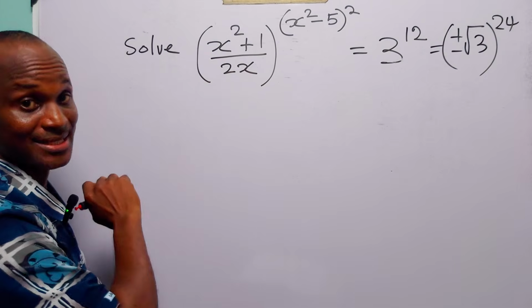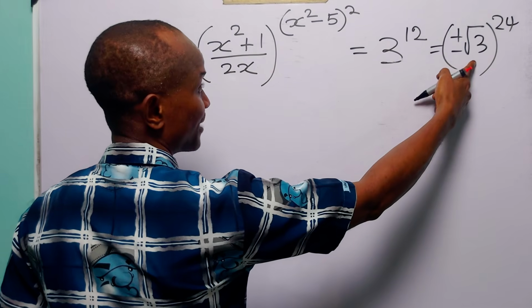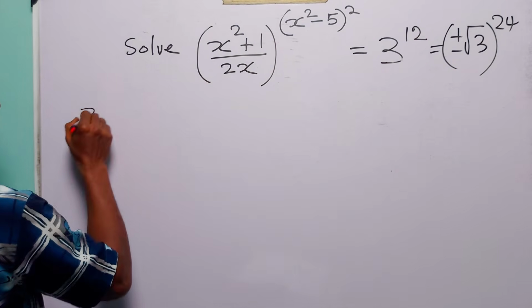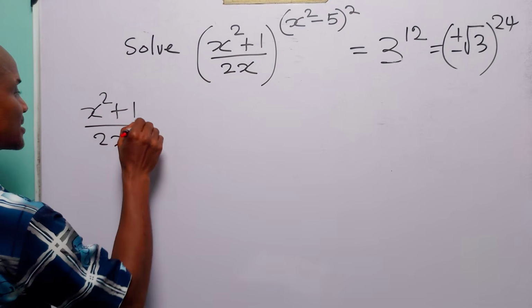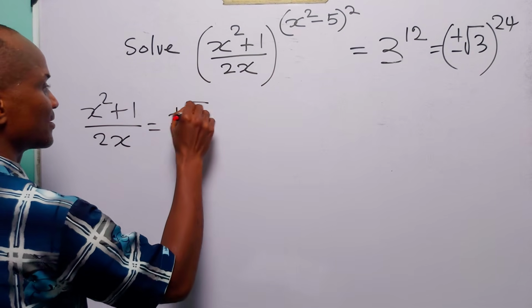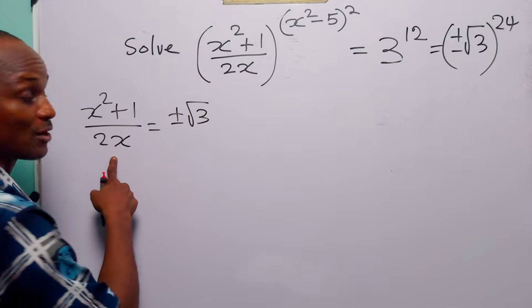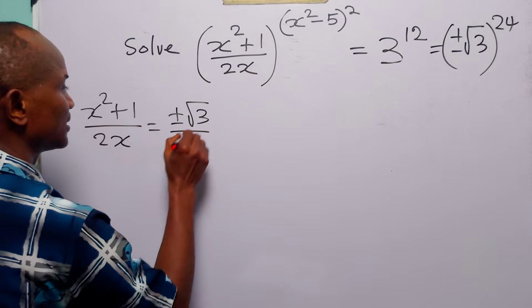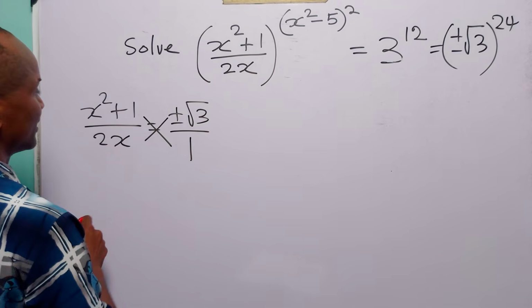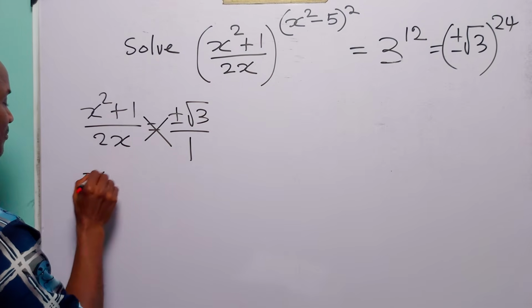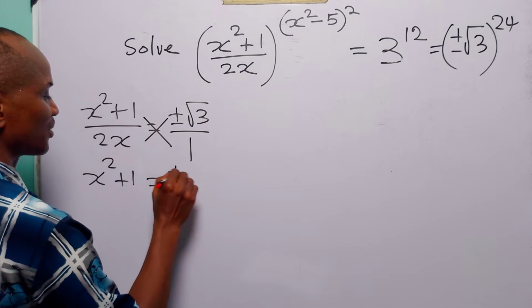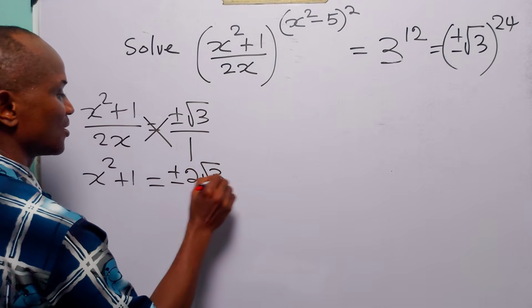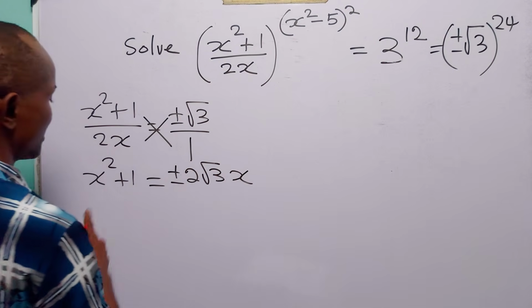And when we equate the base to plus or minus root 3, we have x squared plus 1 over 2x is equal to plus or minus root 3. Now, to get rid of this fraction, we cross multiply. We have that x squared plus 1 is equal to plus or minus 2 root 3x.